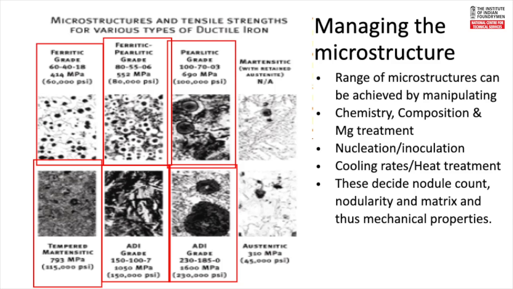So you have a ferritic grade here, which as per ASTM classification is called 60-40-18: 18% ductility or elongation, 60,000 psi UTS and 40,000 psi yield. When you have the ferritic pearlitic grade 80-55-6, now with more pearlite, your ductility has dropped to 6%, your yield point has gone up to 55,000 and ultimate tensile to 80,000 psi.